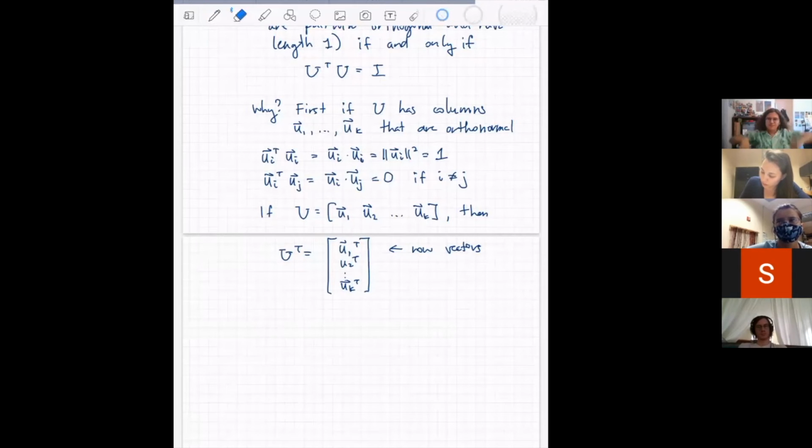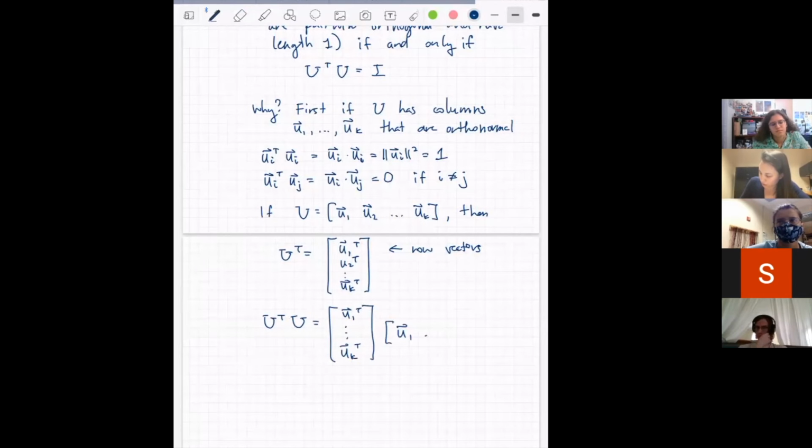That's what we're aiming for. So we take U transpose multiplied by U, which is going to be U1 transpose up to UK transpose times this vector, which is U1 up to UK, right?